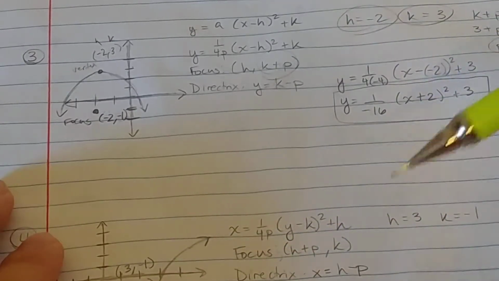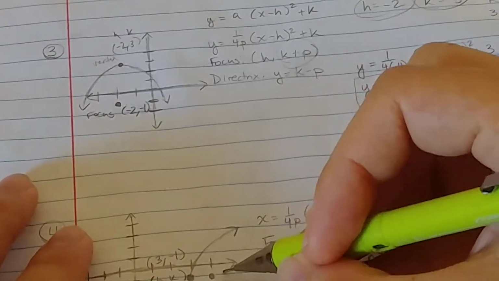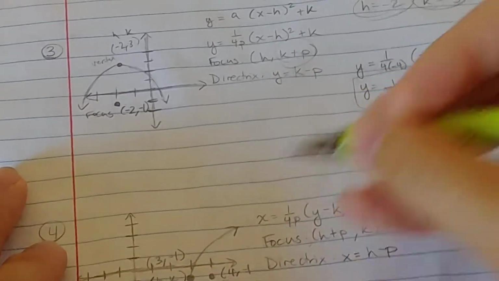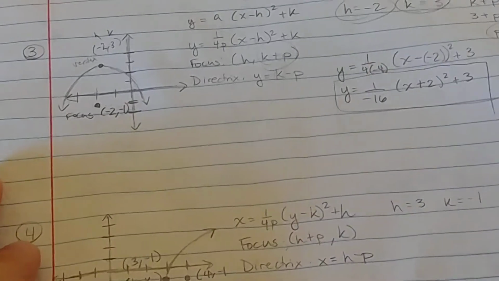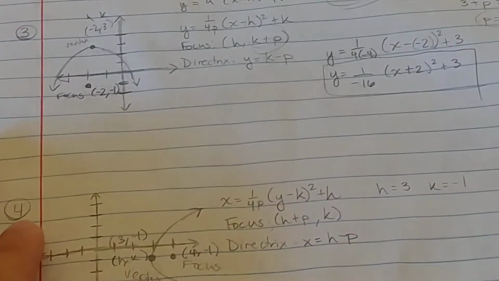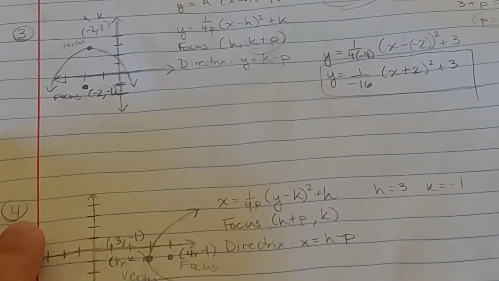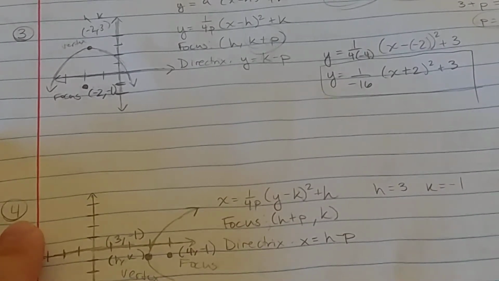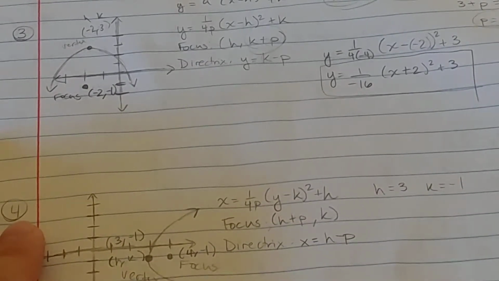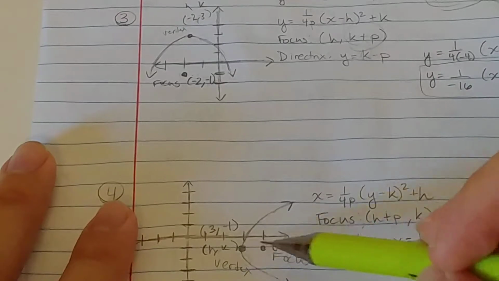This point right here is 4, comma, negative 1, so h plus p equals 4. Our h is 3, so 3 plus p equals 4. Subtract 3 from both sides, and p equals 1.